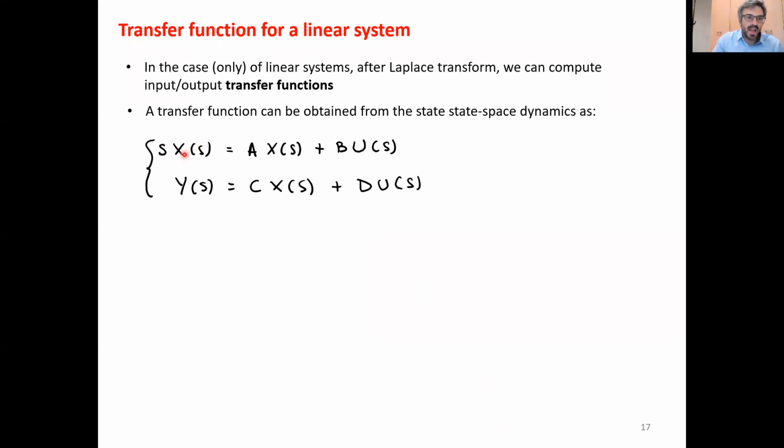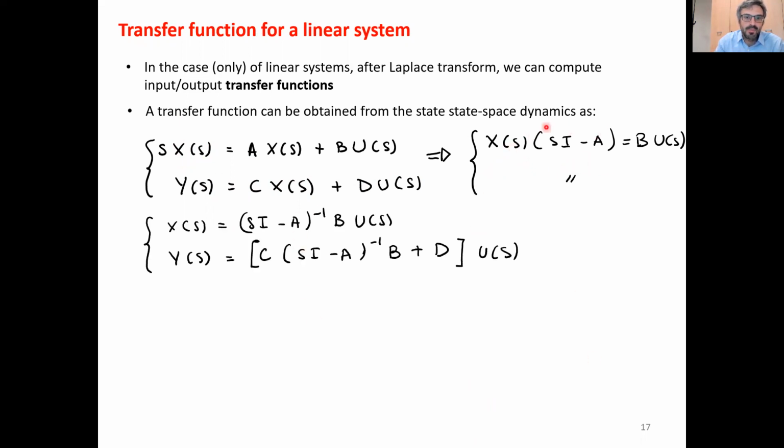So remember, x dot becomes s times X, and we have the state matrix. We collect the X on the left, and then if we multiply by the inverse of this matrix, we get the transfer function for the state. We said that our output might not coincide with the state, but be a combination of it through a C matrix.